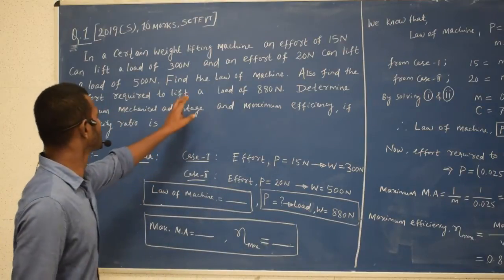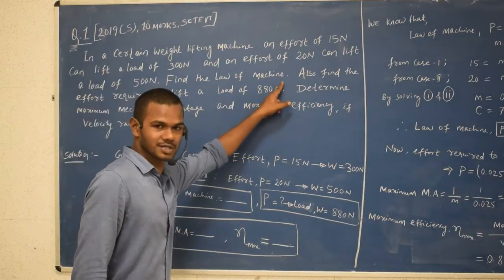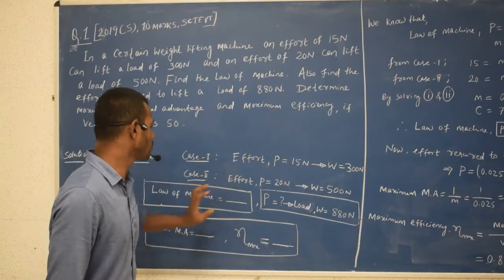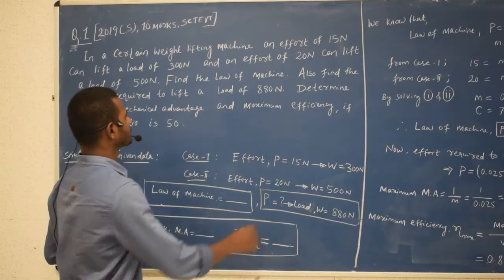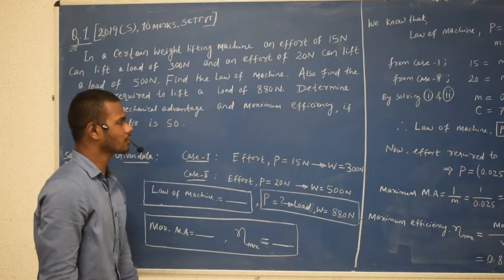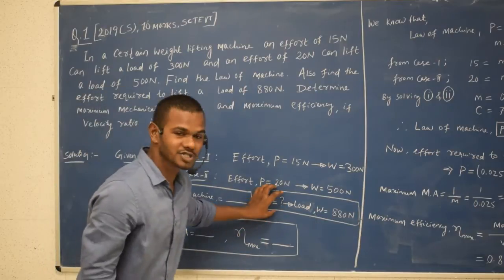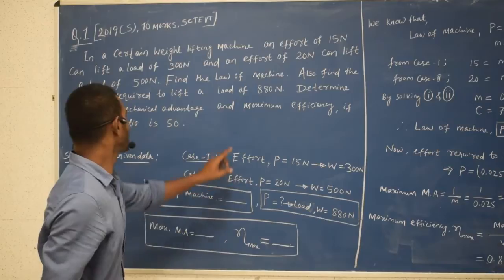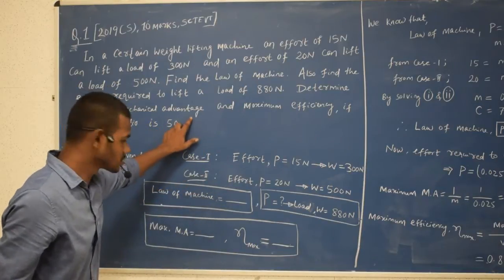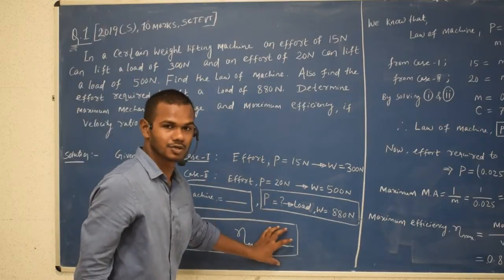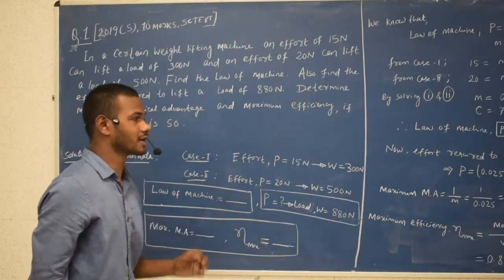Then it was asked to find the law of machine. Also, how much effort is required to lift a load of 880 Newton? Then determine the maximum mechanical advantage and maximum efficiency. So these are the things we need to find out.